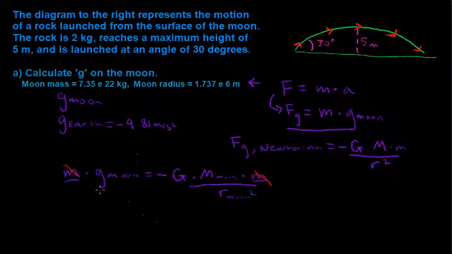And so what we're left with is what we're looking for, acceleration due to gravity, a constant, which we will write out in just a second, the mass of the moon, which we were given, and also the radius of the moon, which we were given, which puts us in a really good place so that we can solve for what we're looking for.